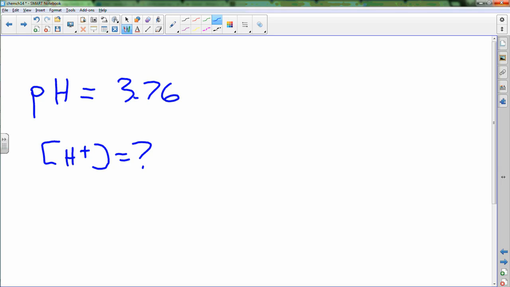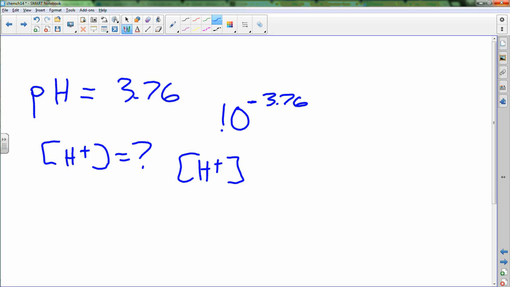Right, it puts this into the exponent. So if we want to find the concentration of H plus ions, we take 10 to, because we're using a negative log, we need to put the negative in there. 10 to the negative 3.76. Put it up as the exponent. That's the opposite of taking a logarithm.